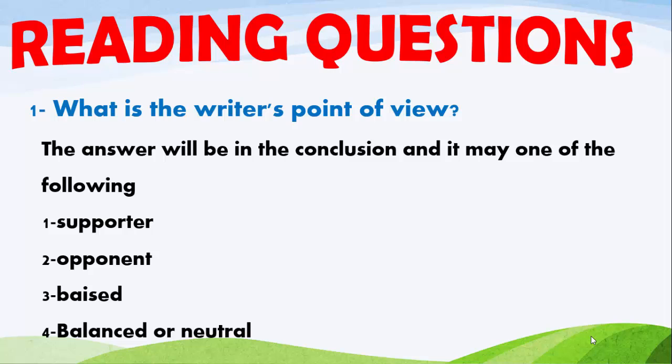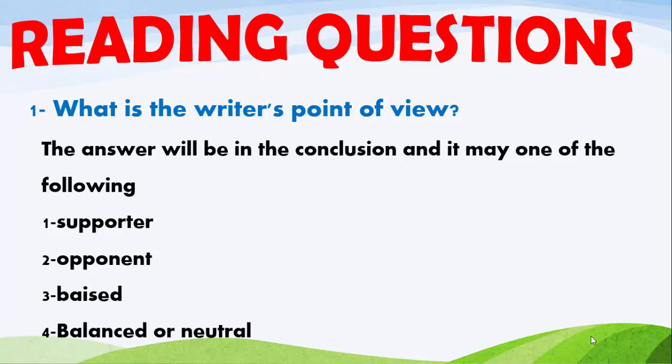This is the meaning of the word opponent. And the writer may be biased. Biased means he is likely to be a supporter. And the writer may be balanced or neutral. I mean, he is in the middle between the supporters and the opponents.